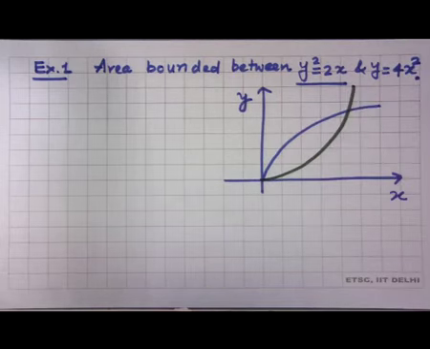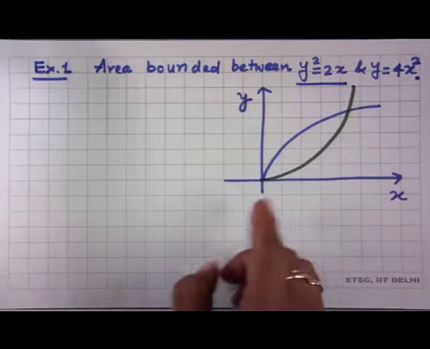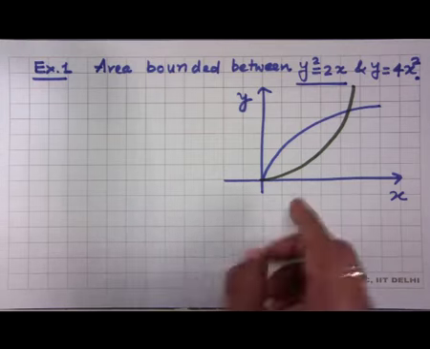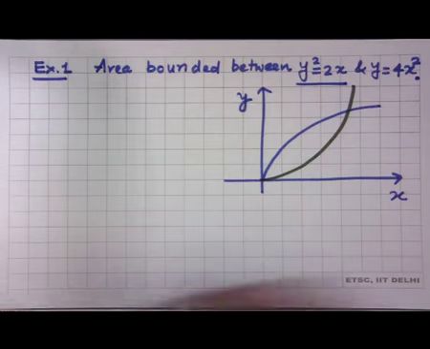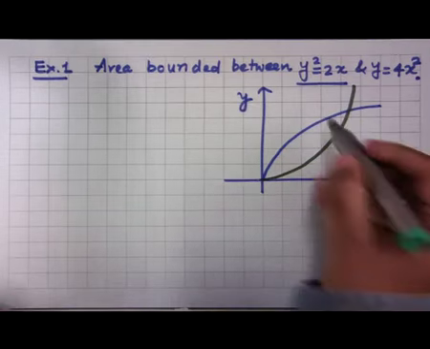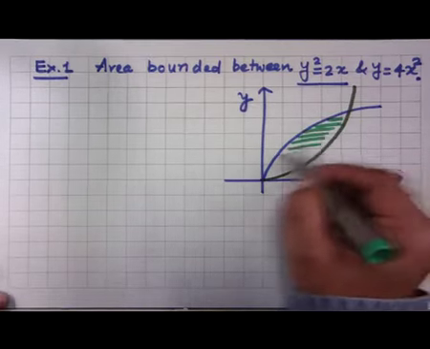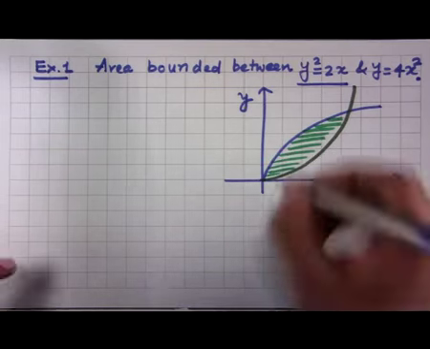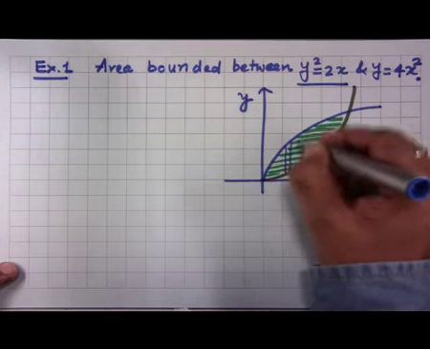So, the area bounded between these parabolas, elsewhere they will not intersect each other. So, the area bounded between these parabolas will be, now what we do, we divide this area into elementary areas.